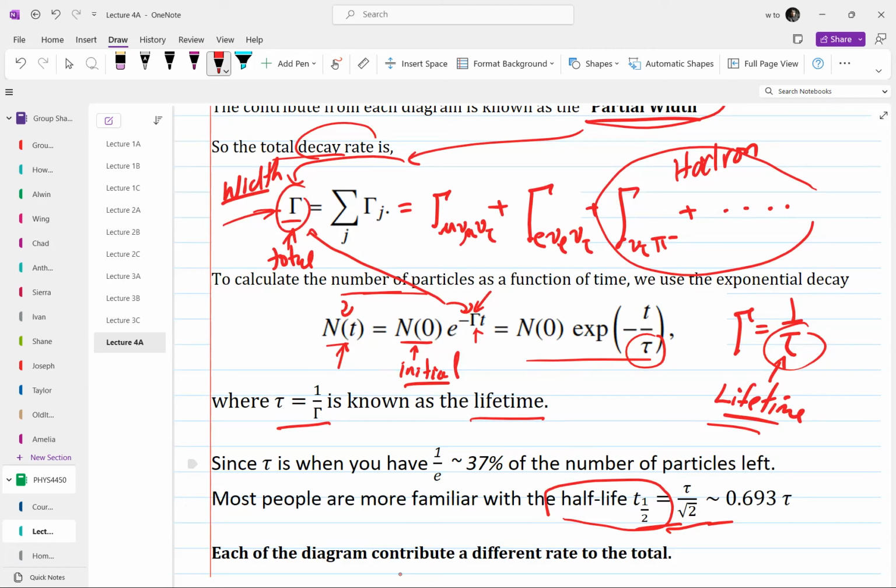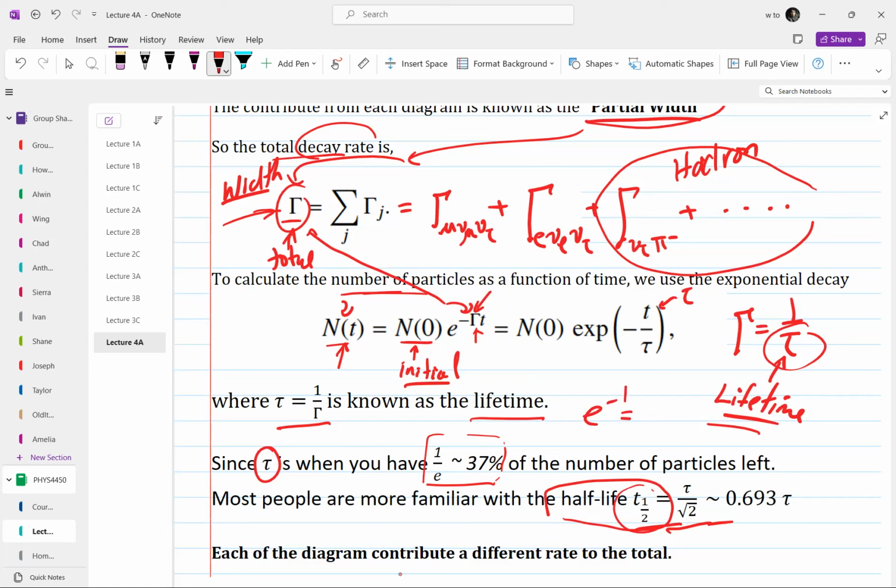And the relationship between tau, the lifetime, and the half-life is related to 1 over square root of 2 because, if I put in t equals tau here, if I waited one lifetime, let's say the lifetime is 2.2 microseconds, if I wait 2.2 microseconds, that means t is equal to 2.2, you have e to the minus 1.